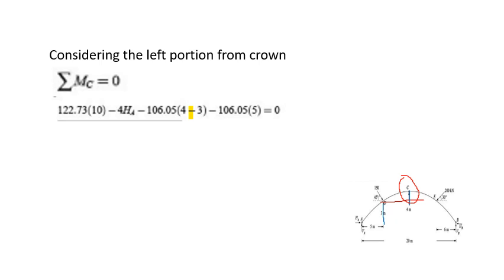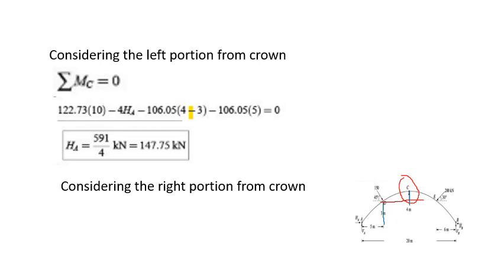Next is the 106, so the moment of the vertical force, that is 150 cos 45, that will be at a distance of, since it is acting at a distance of 5 meter, remaining distance is 10 minus 5. So 106.5 into 0.5 gives you the moment about the hinge.